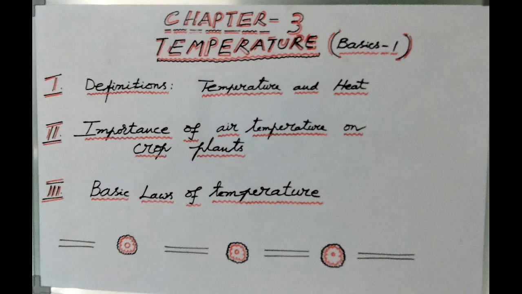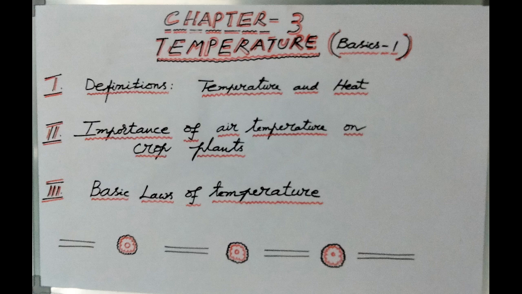The biochemical reactions in crops are influenced by air temperature. Equilibrium of various systems and compounds is a function of air temperature. Temperature also affects the stability of enzymatic systems in the plants.